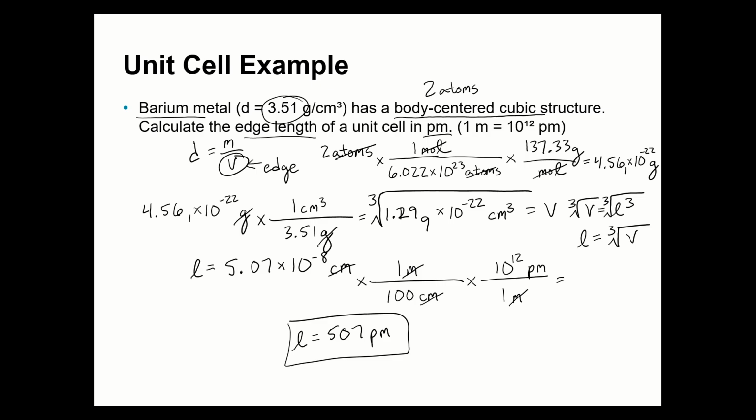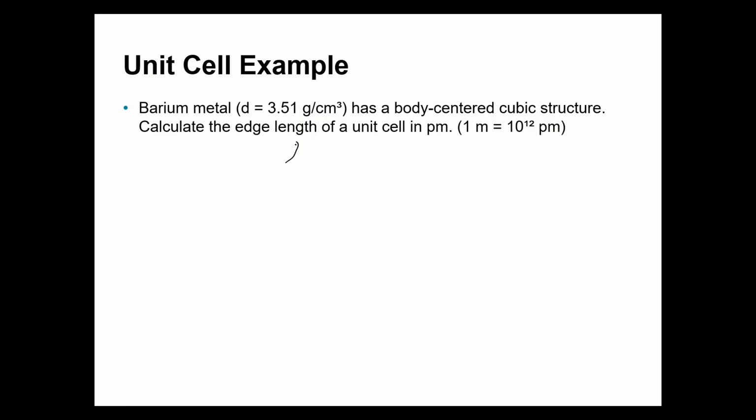Okay, so I wanted to add a second part to this question. So I'm going to rewrite that length really quick as 507 picometers. And then I want to ask the question of what is the radius of an atom?